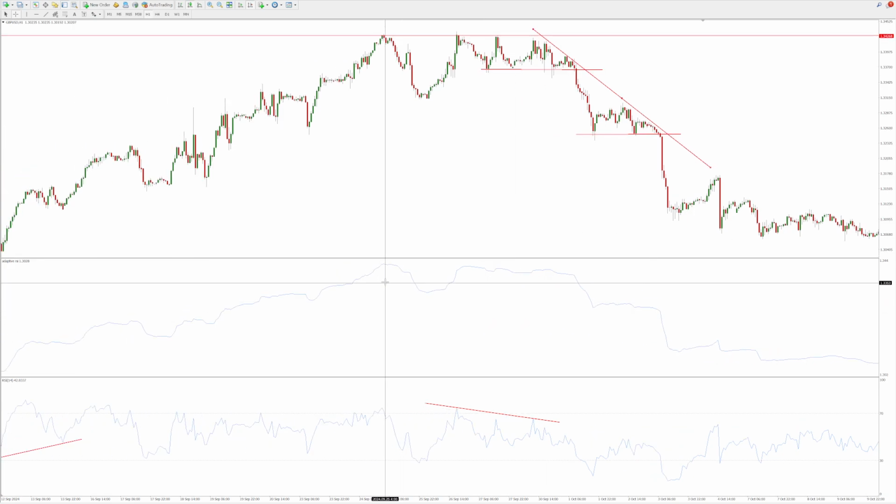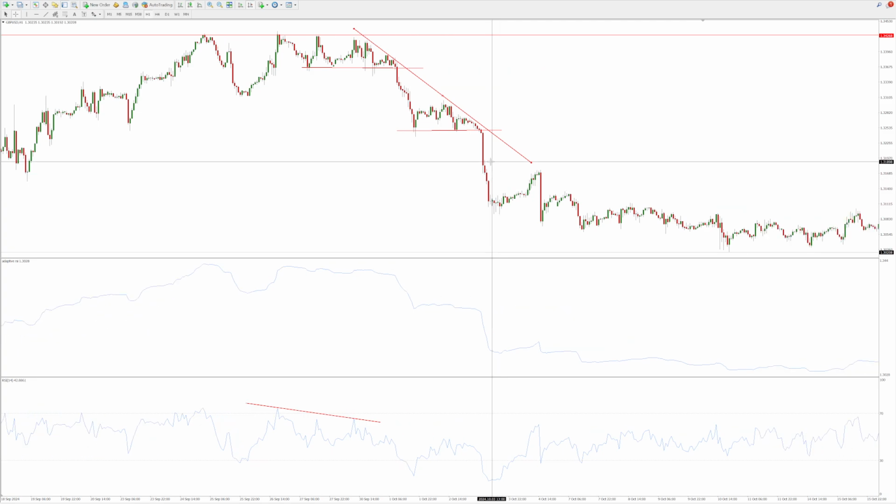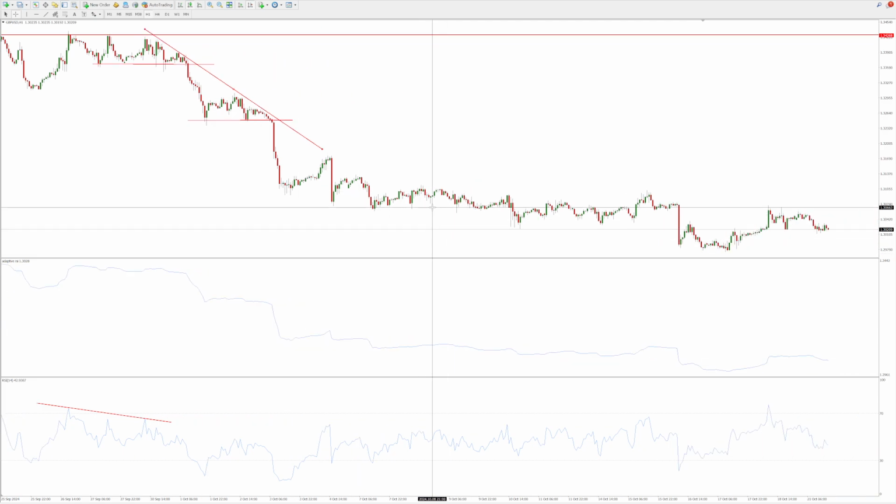But on the contrary, it was high when we reached this level of resistance up here, as to be fair was the original RSI indicator. So really the adaptive RSI indicator tends to give a more favorable filter in terms of overbought and oversold markets.